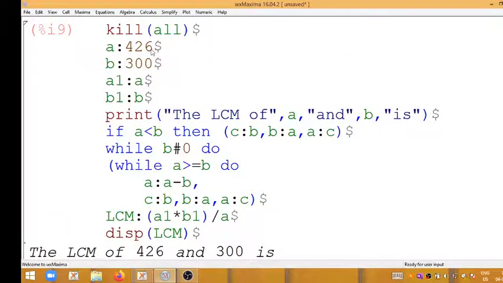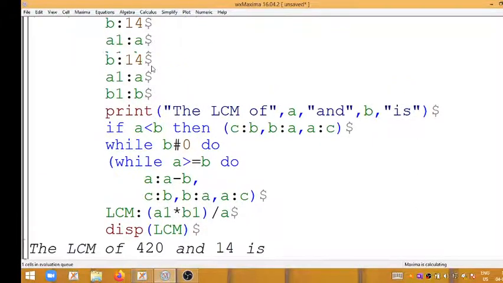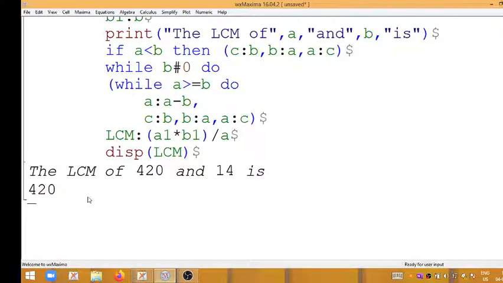Next, the fourth problem is 14 and 420. First I take 420, next 14, and execute. See here, the LCM of 420 and 14 is 420. The LCM of 14 and 420 is also 420.